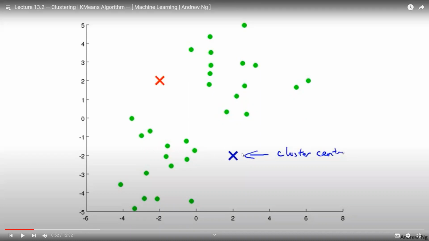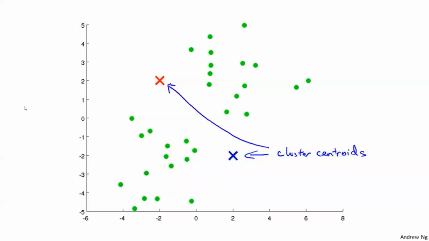Because it will start measuring certain things to decide whether this data point belongs to the blue cluster or to the red cluster, based on certain criteria. So please try to understand what we mean by cluster centroid. Concentrate on this point. And I have two of them because I want to group my data into two clusters.